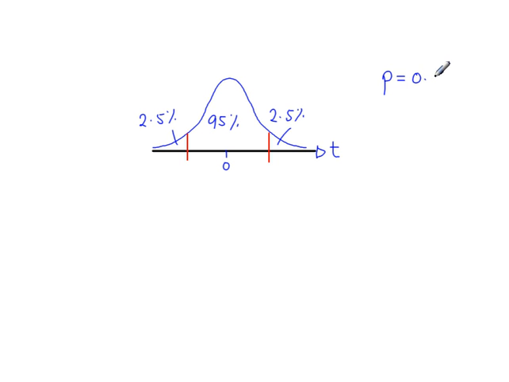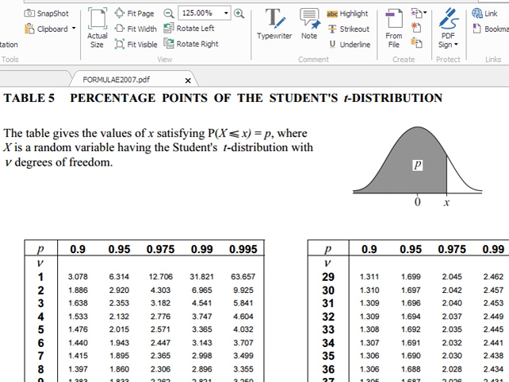So we're going to use p is equal to 0.975 with 8 degrees of freedom. We go to the probability tables, 0.975, 8 degrees of freedom, so our t value is 2.306.